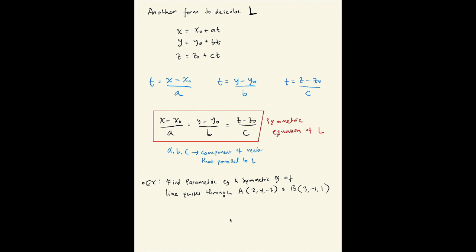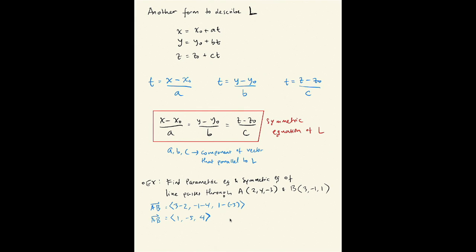B minus A. Yes, then you get the vector AB, right? So let's write the vector AB is B minus A, 3 minus 2, 1, or I will write down all. So you get the vector AB.